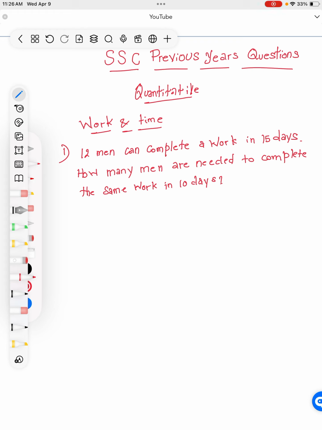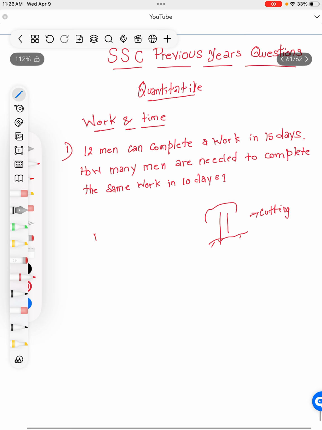Suppose there is a work, for example, cutting a tree. For cutting this tree, 12 men can complete the work in 15 days.